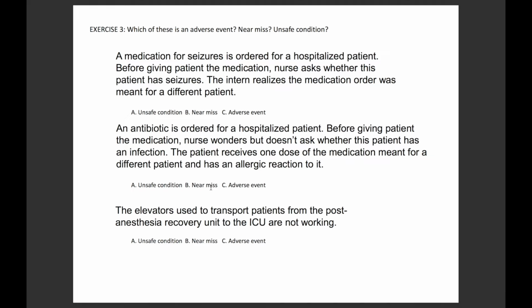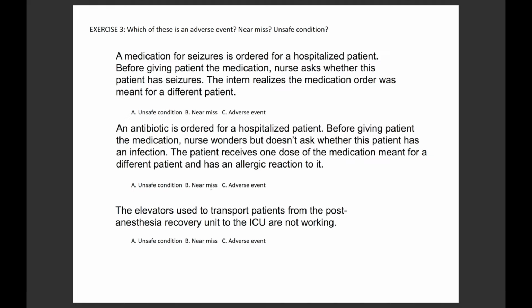We actually had this at Rush, where an elevator was broken for a long time, and these elevators misfunctioned, and there was a child on ECMO coming from the operating room to the pediatric ICU, and the elevator was misfunctioning. We actually did a root cause analysis. No harm to the patient, but a serious unsafe condition leading to a near miss led to a root cause analysis, which led to the immediate fixing of the elevators.